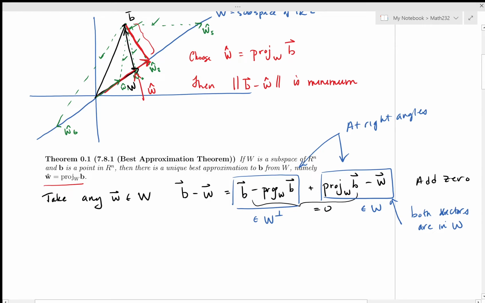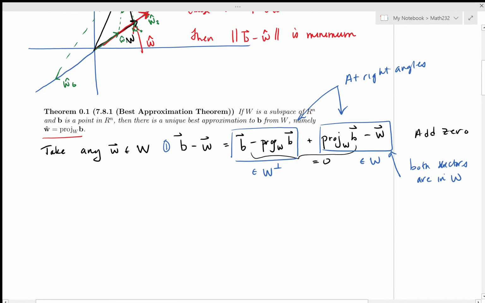Now I'm going to take this statement, statement 1, and apply the Pythagorean theorem to it. So I will deduce that the norm of B minus W squared is equal to the norm of B minus the projection onto W of B squared, plus the norm of the projection onto W of B minus W squared.